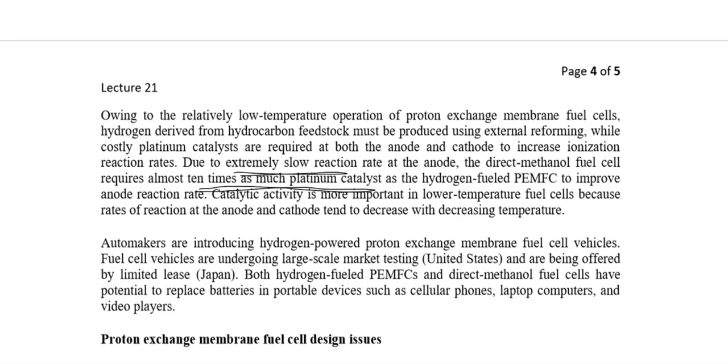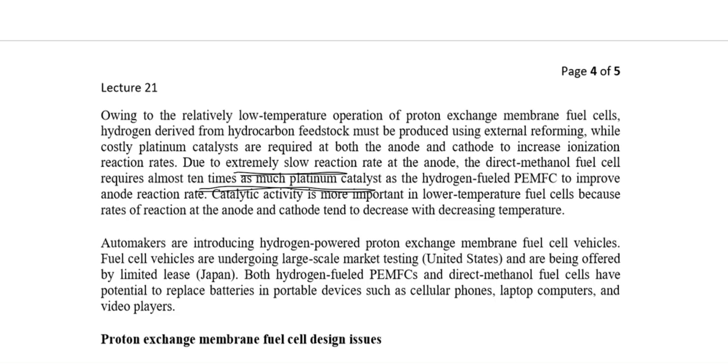Having said that, the major research contributions are from automakers, many of them in Japan and the United States. In the United States, even about 2 years back, around 100 to 200 cars were produced using hydrogen fuel cells, and that's the direction the world is moving.